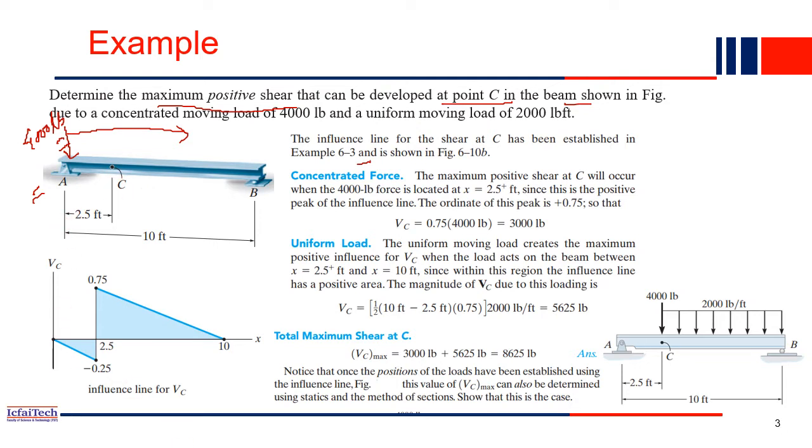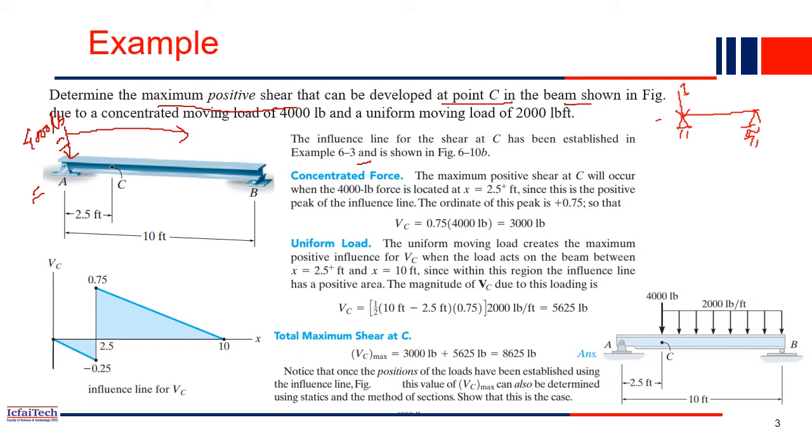So let's draw it here. We have a beam, a simply supported beam. One unit load is acting, and we'll draw the influence line diagram for this unit load first.